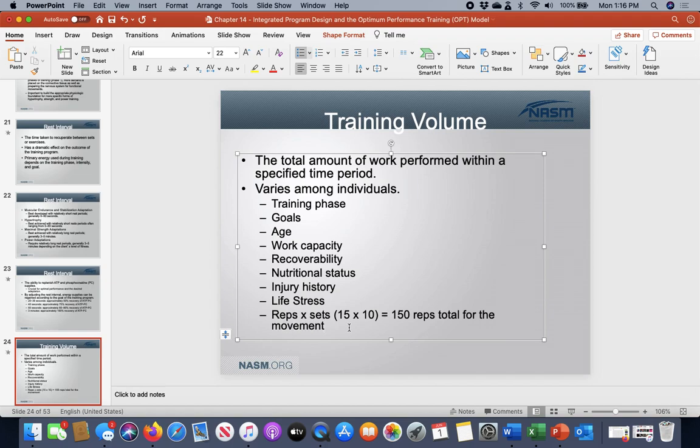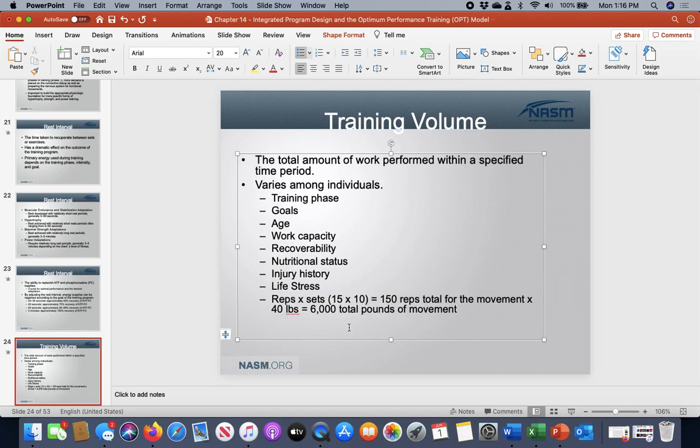Now, just say that you had 150 reps at 40 pounds per set. Okay, now you take 150 times 40, so that's 6,000. That means you had 6,000 total pounds of movement. Okay, that's how we can figure out things like that.